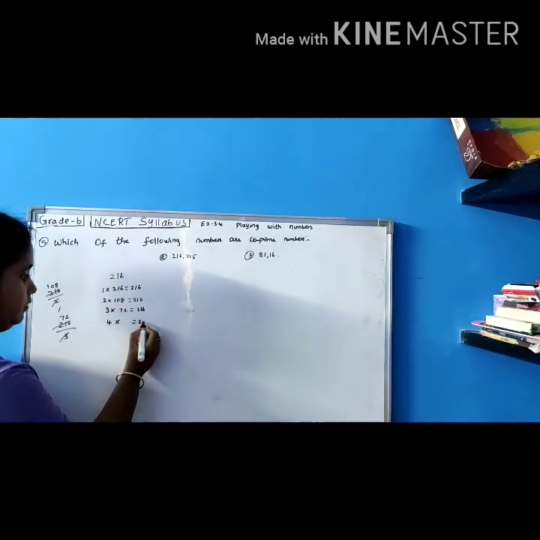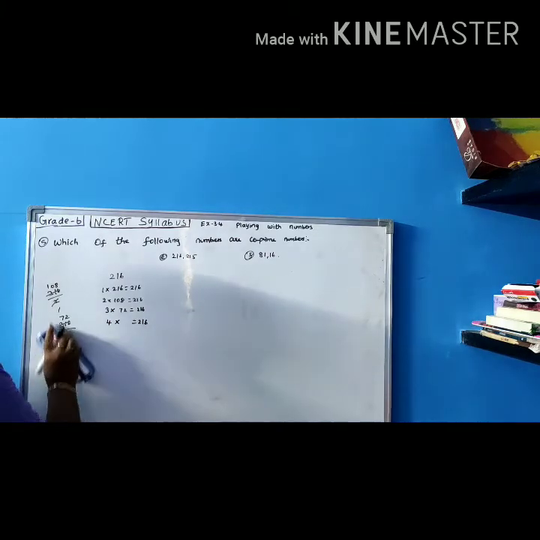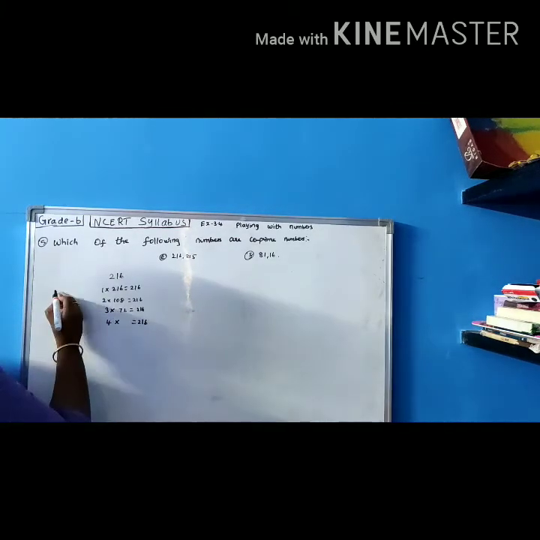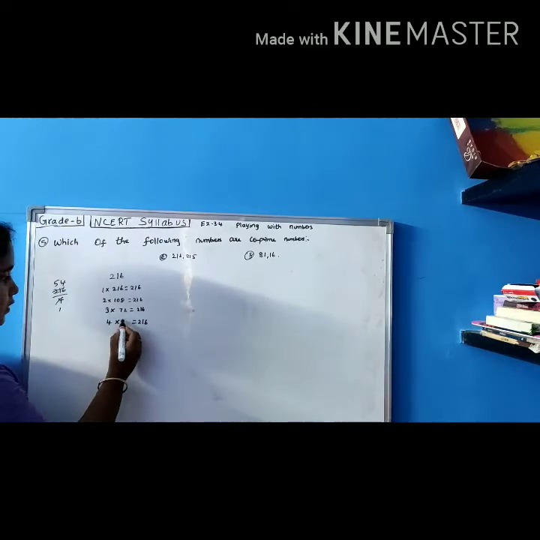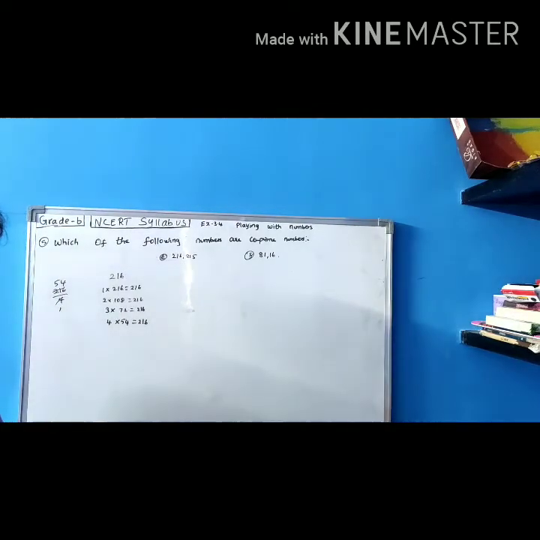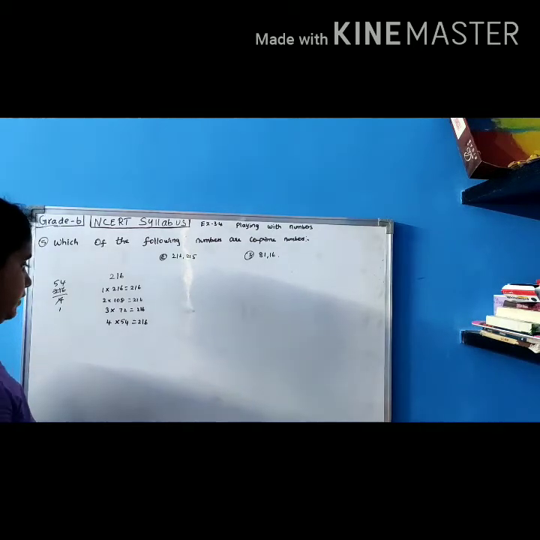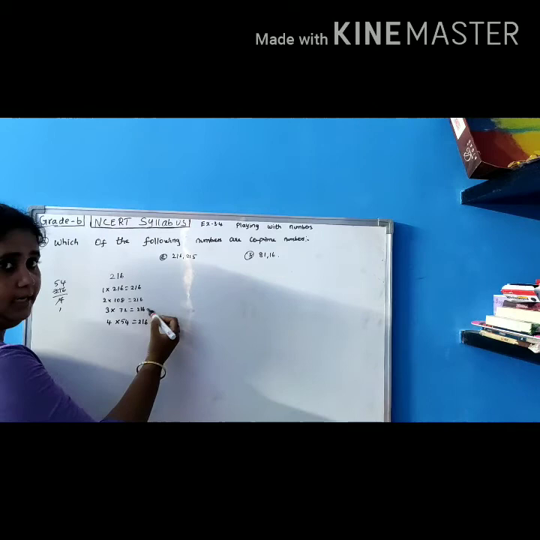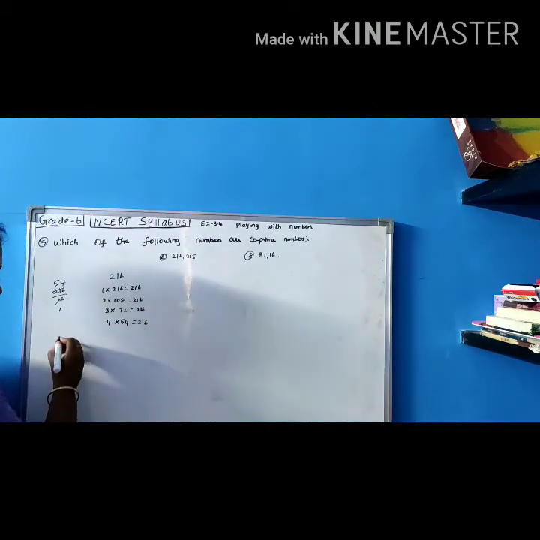4 into what gives you 226? 226 divided by 4. 1 4 is 4. 5 4s are 20. Balance 1. 4 4s are 16. So 4 into 54 gives you 226. Okay. It will not go in the 5 table. For the 6 table, it should be divisible by both 2 and 3. It is divisible, right? So it will go in the 6 table also.